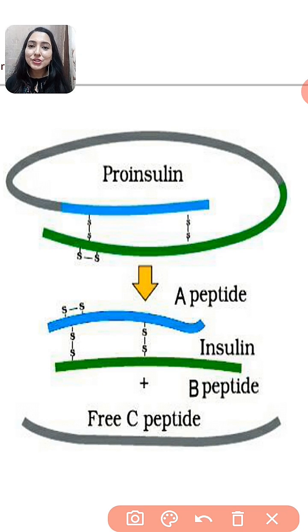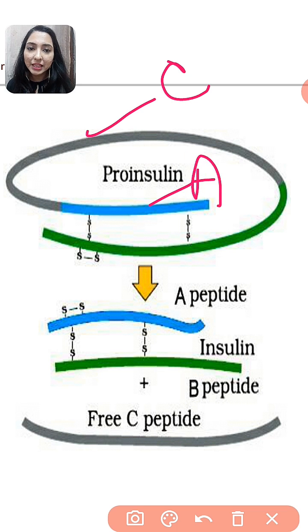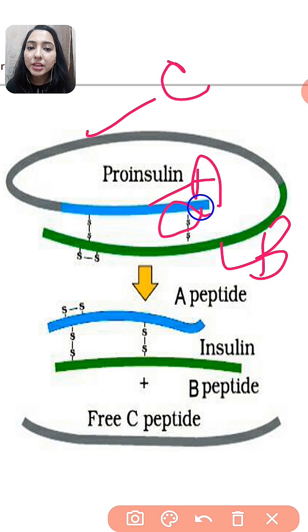This diagram shows the production of mature insulin from the prohormone. Here you can see the gray color represents C-peptide, the blue color chain A, and the green color chain B. Both chain A and chain B are joined together by disulfide bridges.